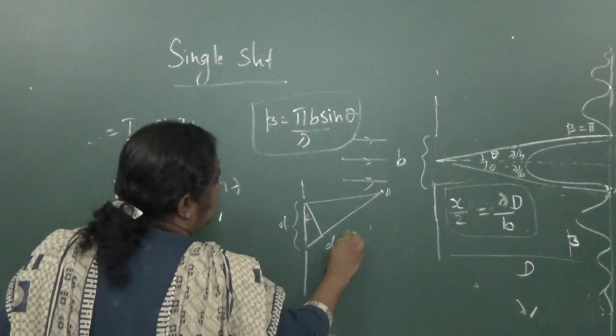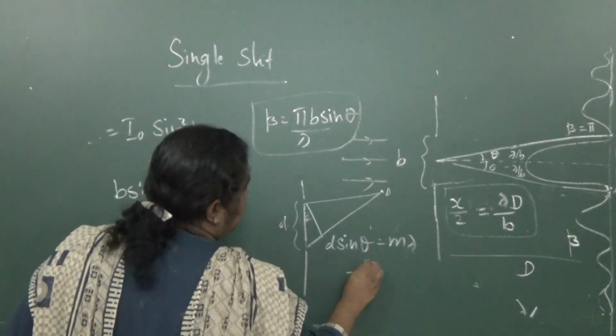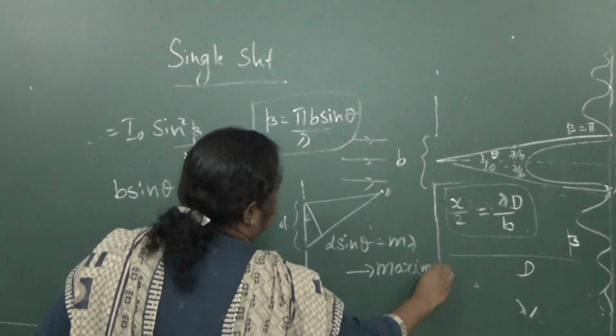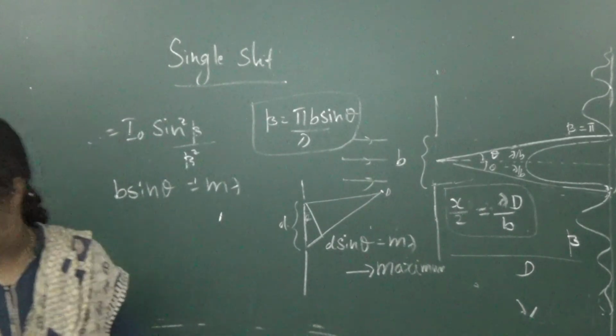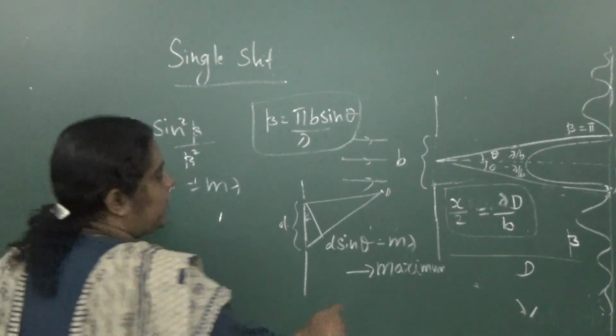D sin theta is equal to m lambda gives the maximum condition. In interference, d sin theta is equal to m lambda gives the condition for maximum.